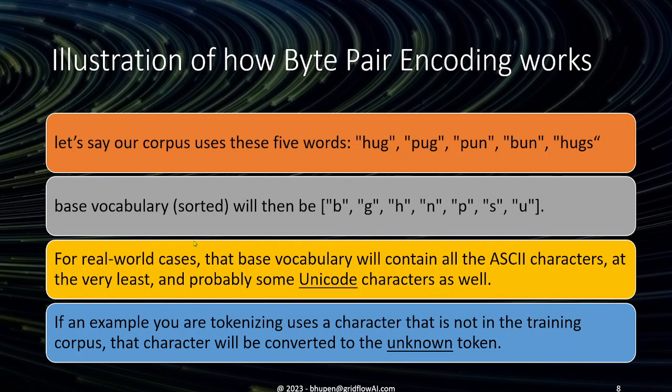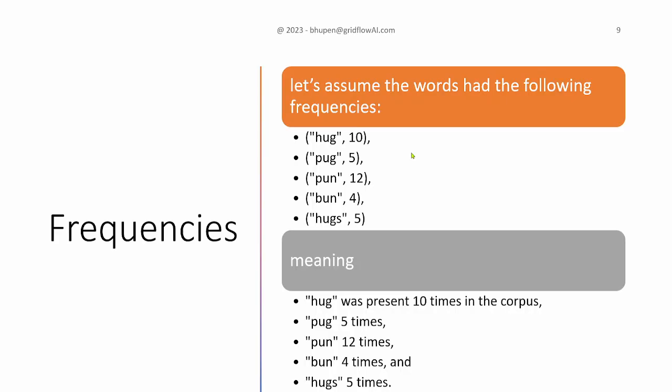In the real world, the vocabulary is always all the ASCII characters plus some Unicode characters as well. Now, if you present some letter which is not part of the training set, that will be converted to an unknown token.